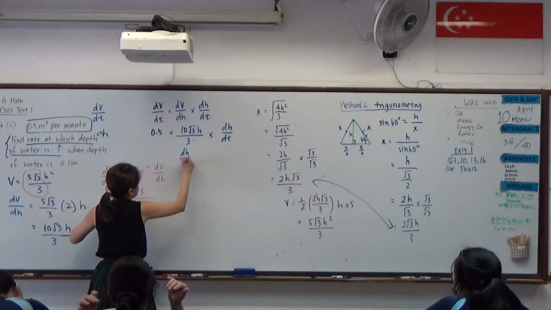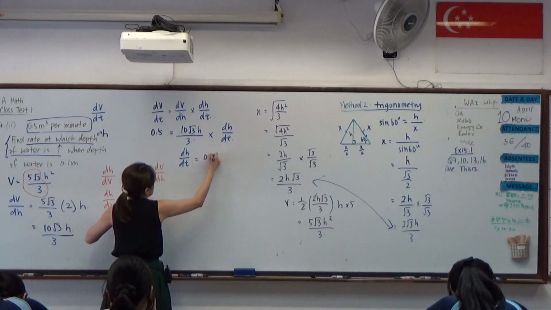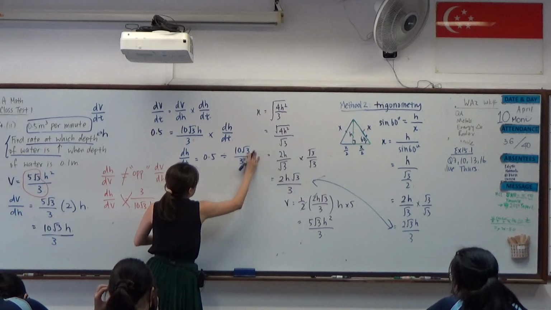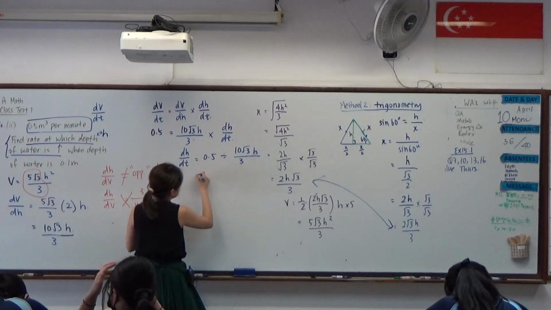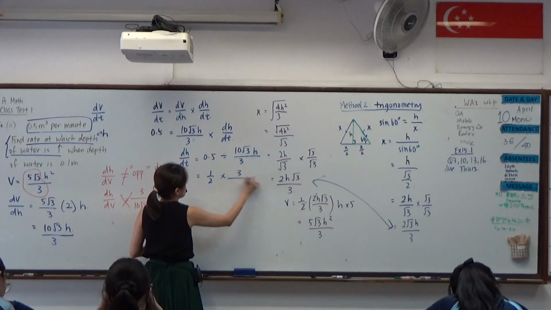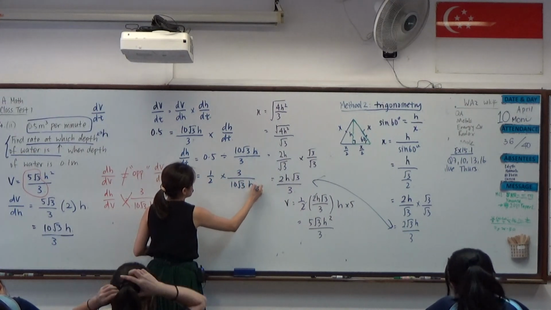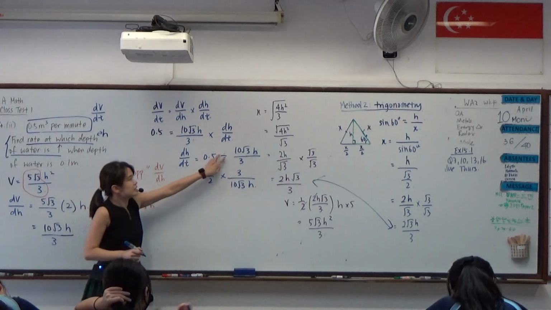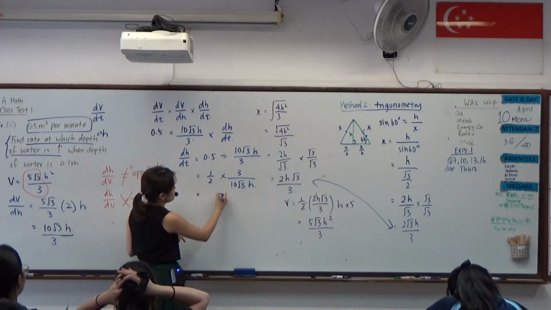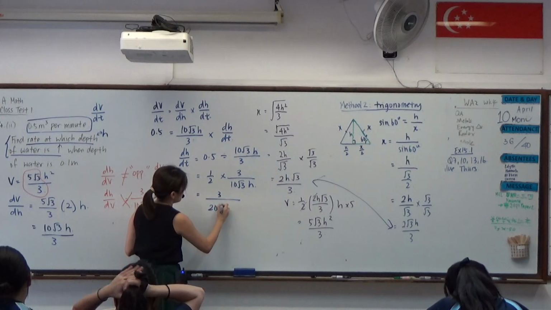So dH over dt equals 0.5 divided by this. Okay, so divide, flip the fraction, then times. Okay, then we will get 3 over 20 root 3 H.